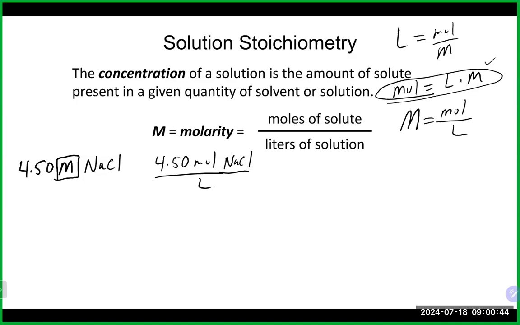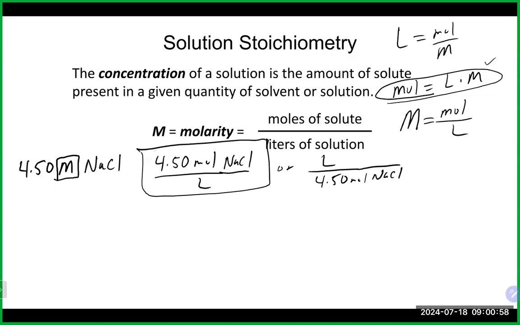You could actually use molarity like a conversion factor and do dimensional analysis. You could flip it around and use it as a dimensional analysis conversion factor if you needed to. Now, the reason I say you should probably use it in a calculation like this is that most people, when they leave the big M in there, have no idea about the liters part. Not sure where it's at, not sure it's even there.